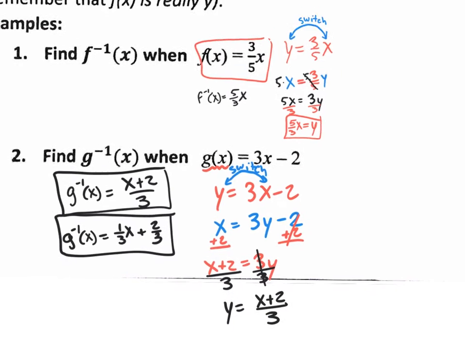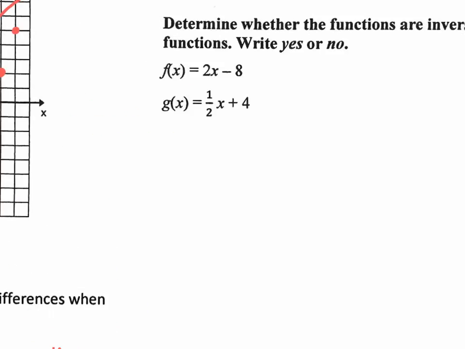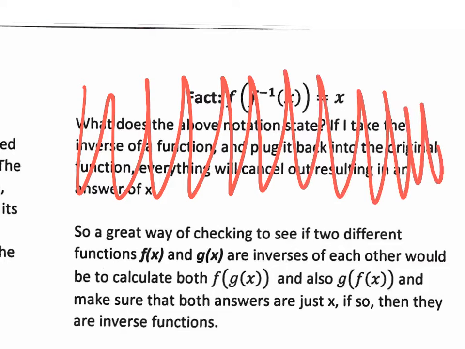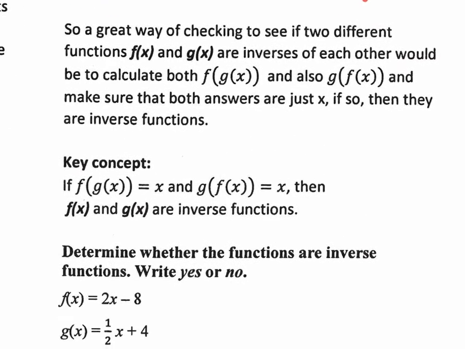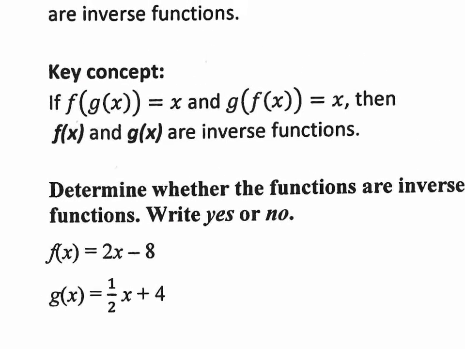So on this next section, actually, let's delete this top part. I messed up. Let's just scratch this top part out. And let's begin by reading. We could just jump to the key concept, actually.